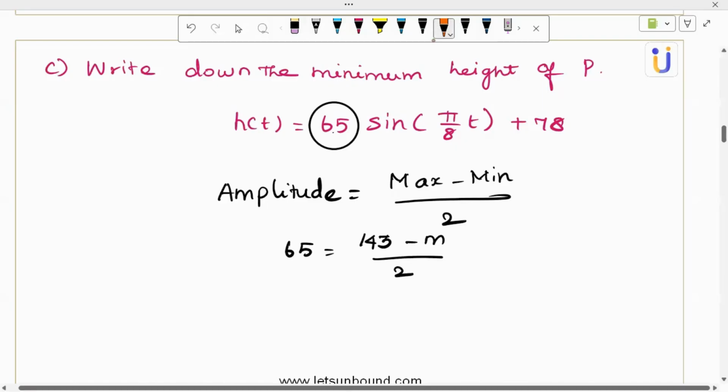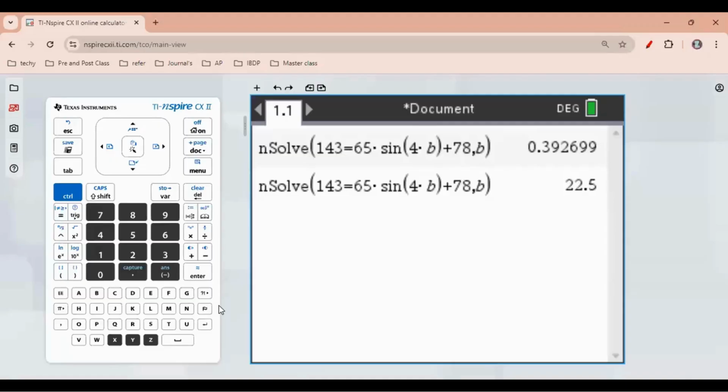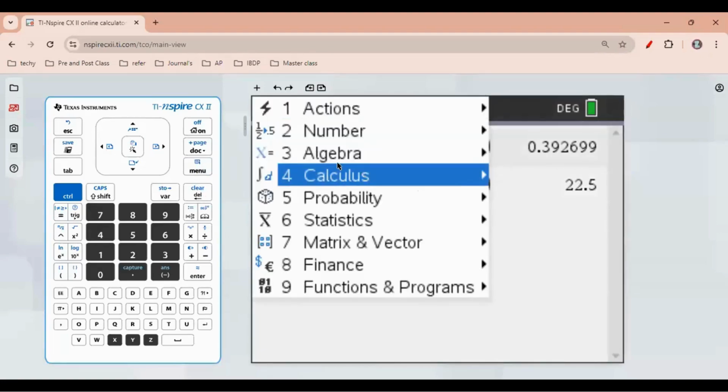You can go with calculator solving. It's very simple. But yeah, let me just guide you quickly using this. Right. So go for solve.